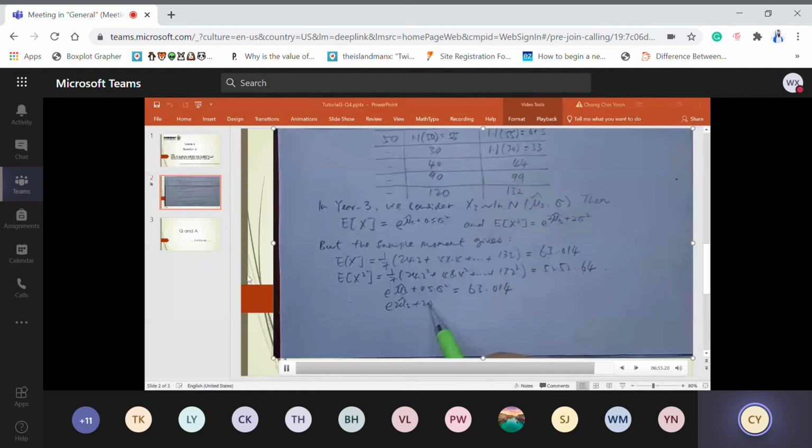So let's say this is my first and second equation. So we solve 1 and 2. We will have the estimate of mu3, which is equal to 4.0035.